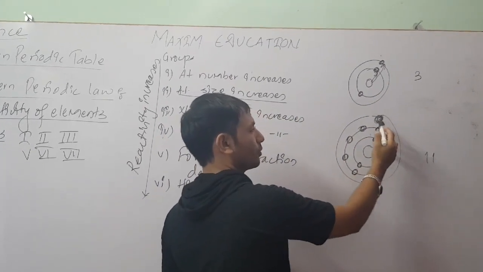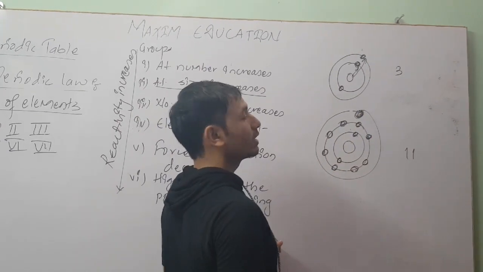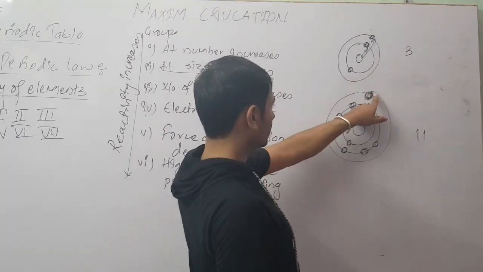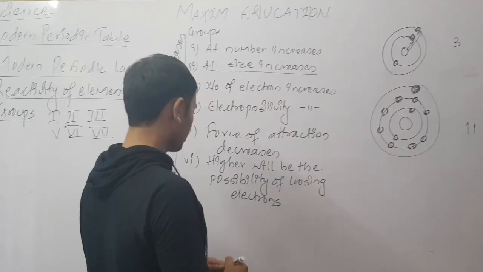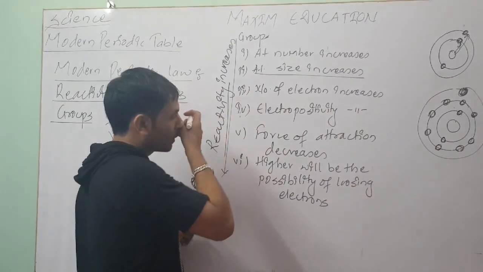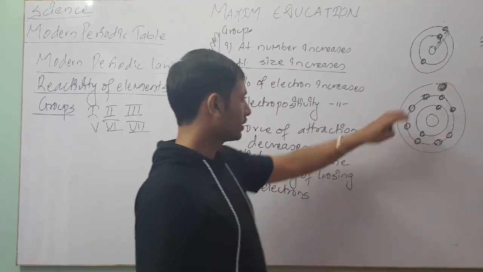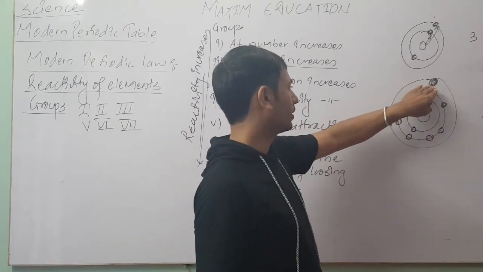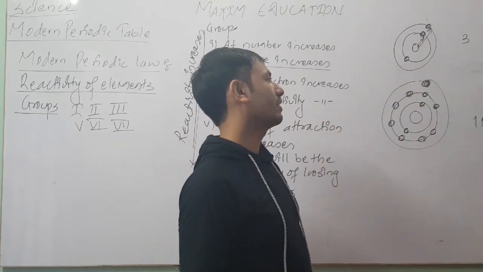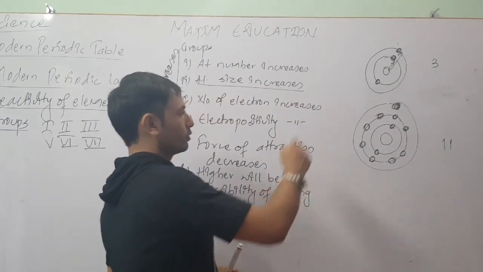We can lose this valence electron easily, due to which the reactivity of the elements increases faster, because less nuclear force is applied on this valence electron and there is a higher possibility of losing the electron.